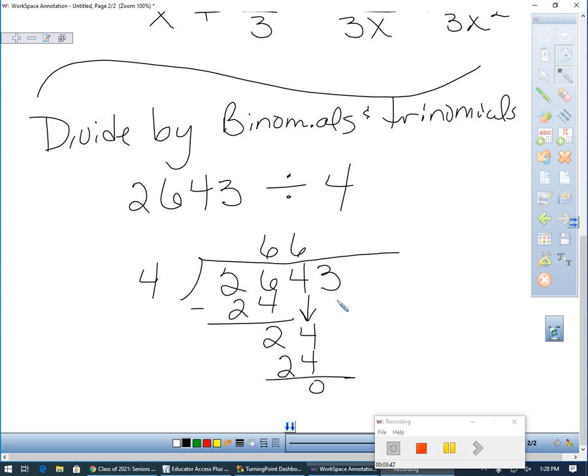And then you got to bring down your 3. 4 goes into 3 0 times, and we're left with a remainder of 3. If you were putting a decimal point there, you would. But we're going to talk about remainders today in here. Okay? You have remainders in polynomials. It's super fun.